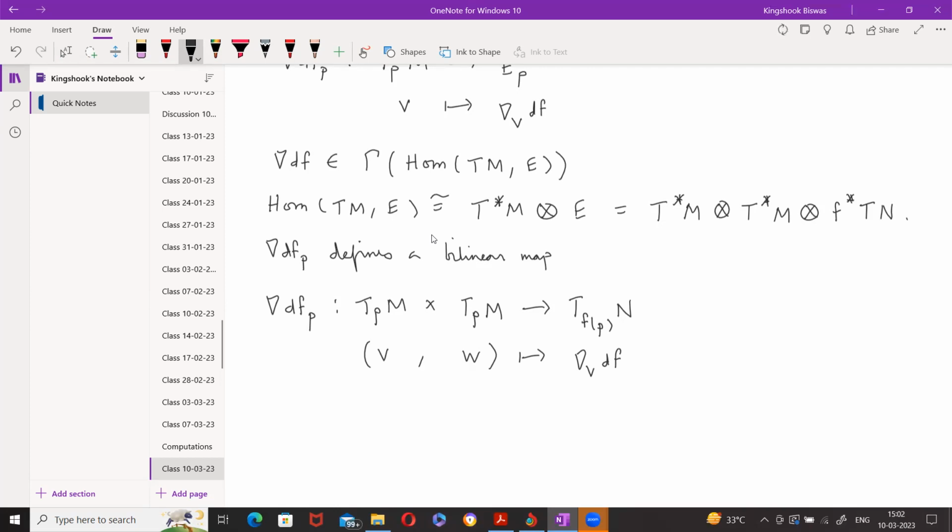So when I differentiate this, I'll get another linear map from T_P M to T_{F(P)} N. So this will act again on another vector W in T_P M to give me an element of T_{F(P)} N, right? Is this clear? Yes, sir.